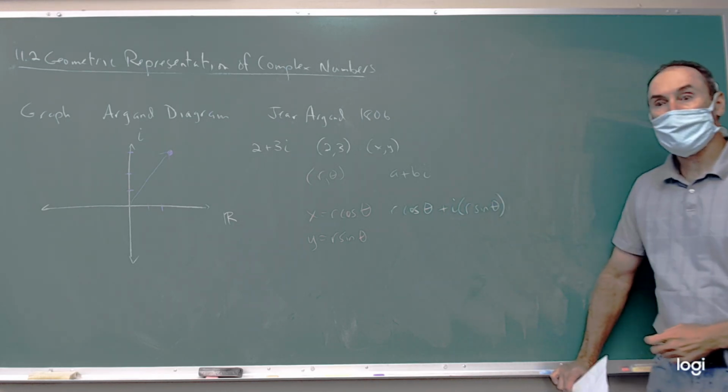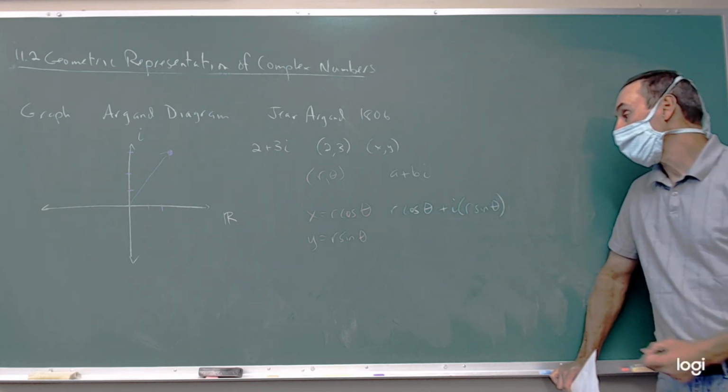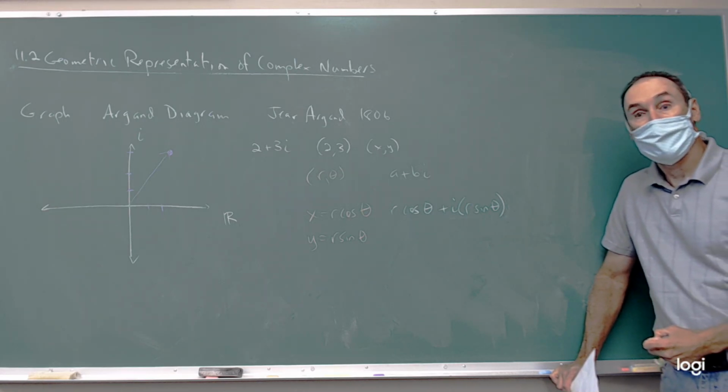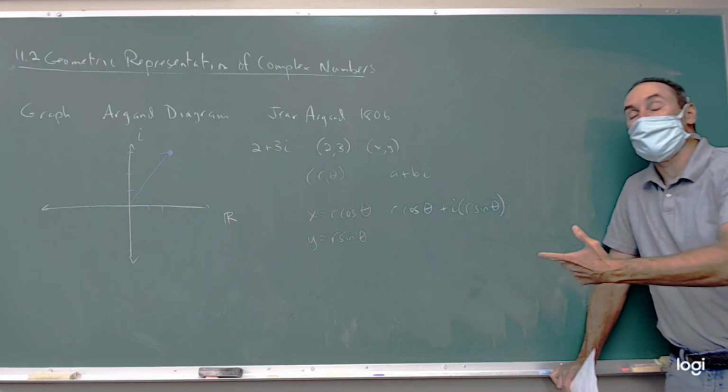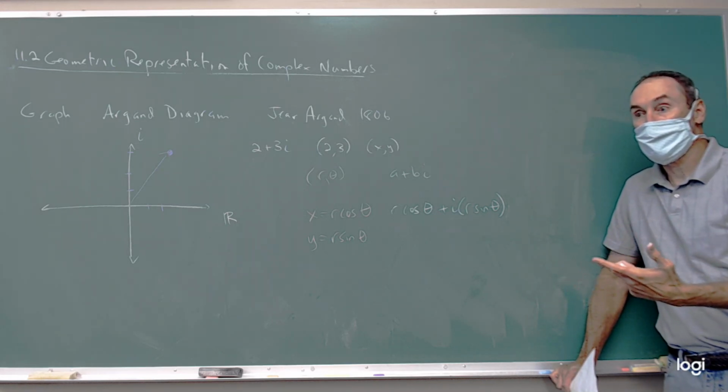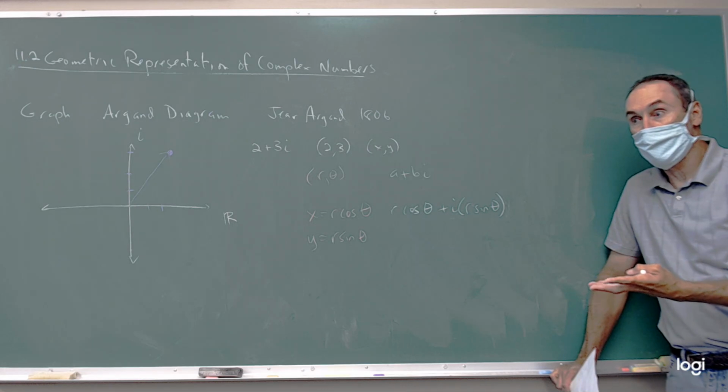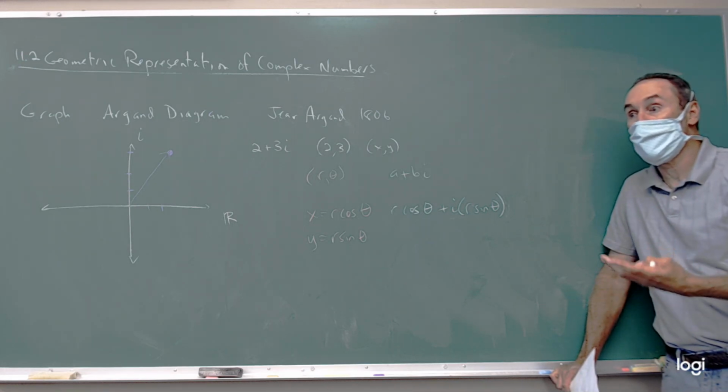So we have r cosine theta plus i times r sine theta. You with me there? That's just going from a rectangular representation of that complex number to a polar representation of that same complex number.